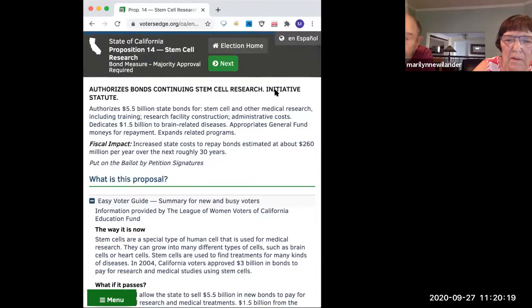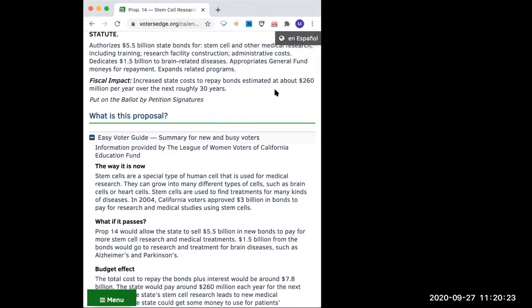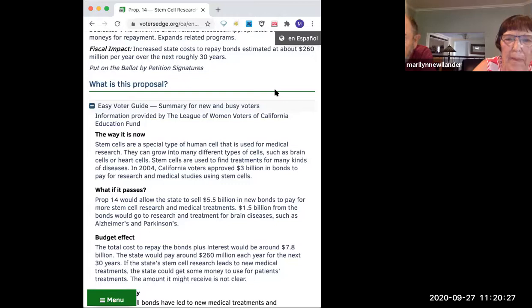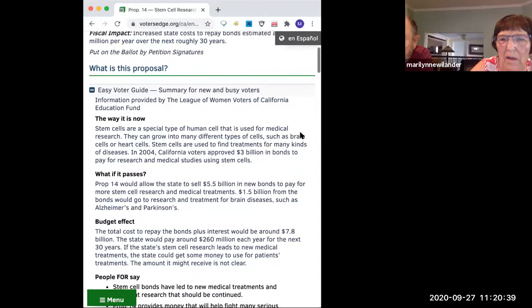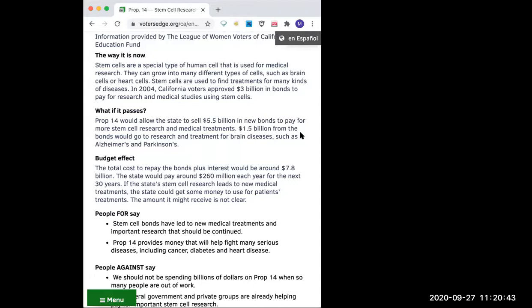In 2004, in response to the federal government's stopping funding of stem cell research, we created Proposition 71 and passed it. And we built the California Institute for Regenerative Medicine and allowed $3 billion in bonds to fund this institute.